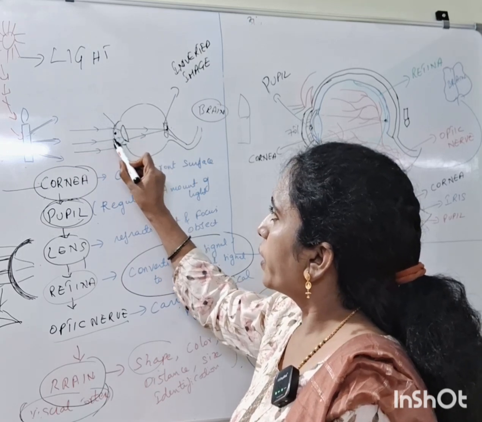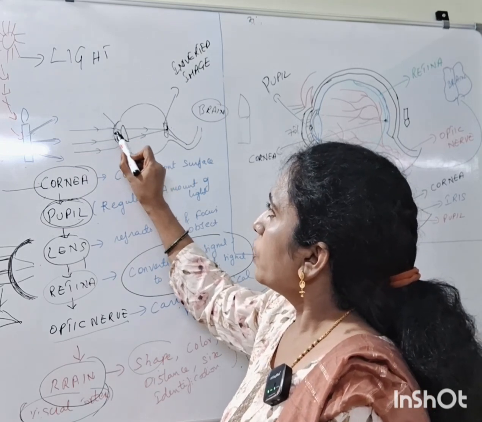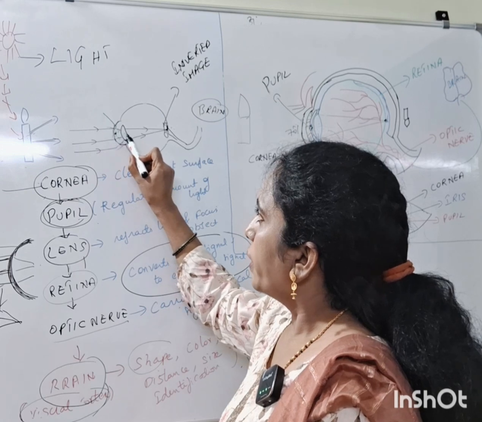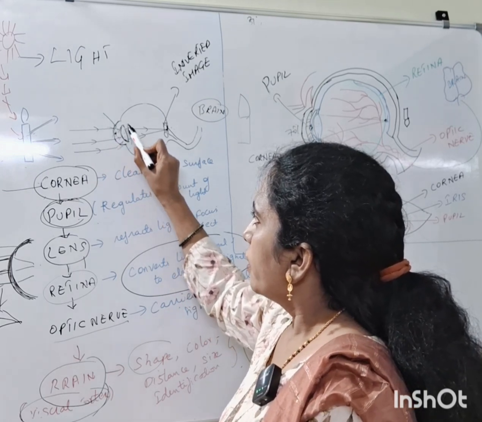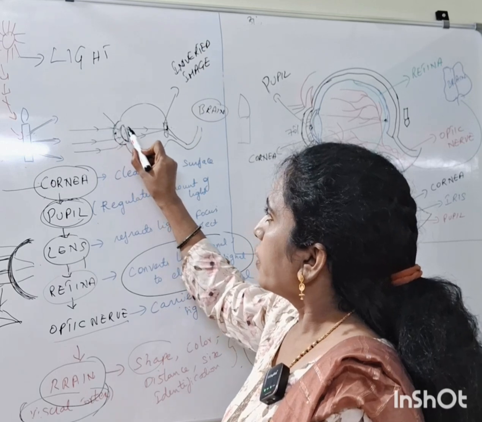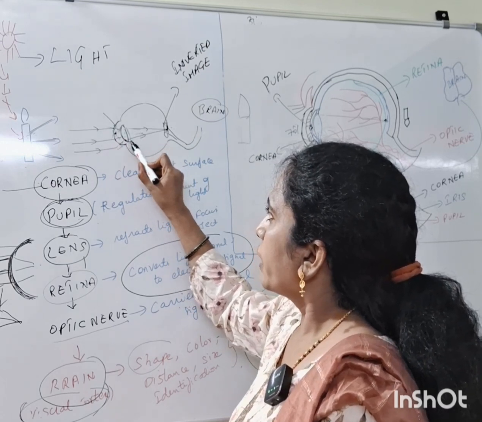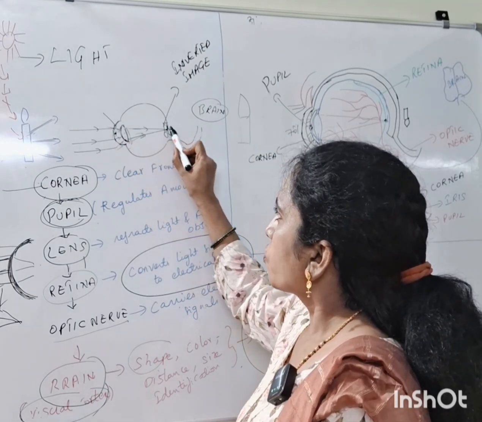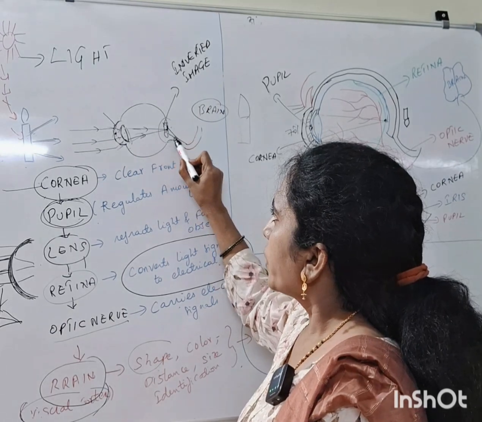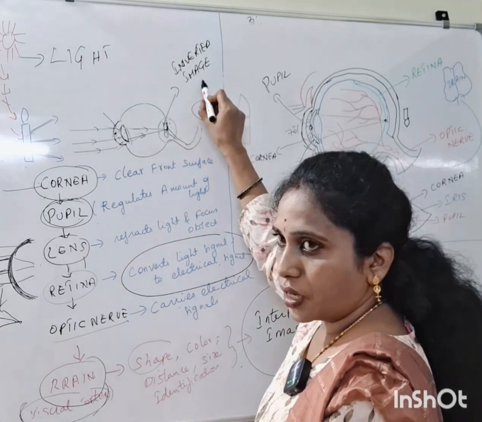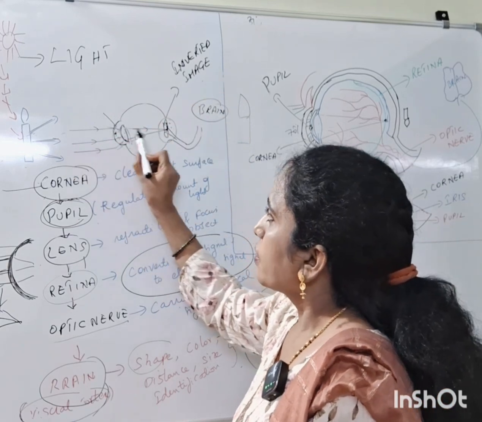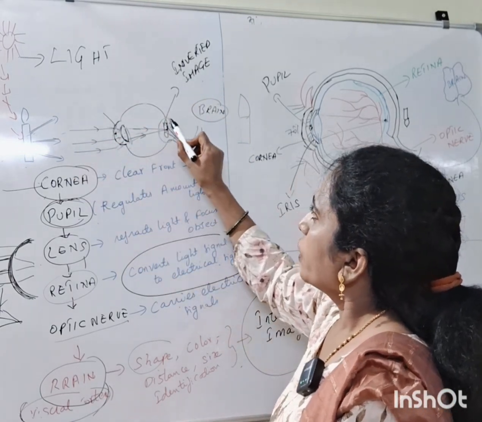They pass through the pupil into the eye, and then hit the lens. Even after hitting the lens, again some amount of refraction takes place, and then it reaches the retina. This is the place where the image is formed, but the image formed in the retina will be an inverted image.